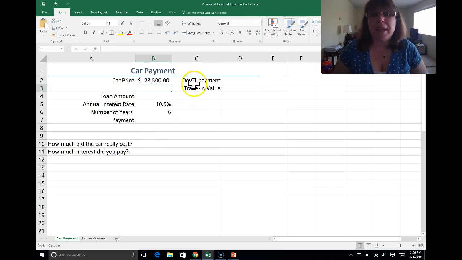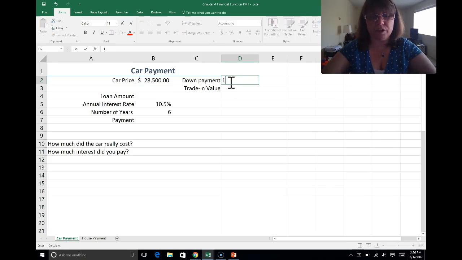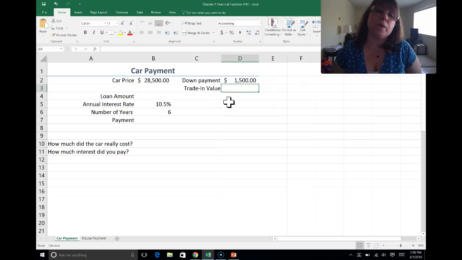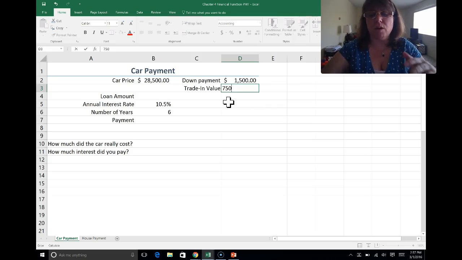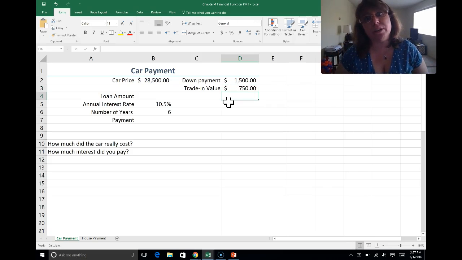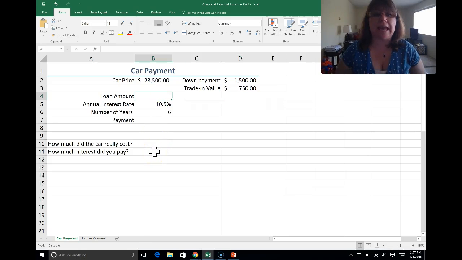Now my down payment, perhaps I can put down about $1,500 in cash. And I decide to trade in my old vehicle and they give me a whopping $750 for my car that's in working use. They don't give you very much money for it, but I get a trade-in value of $750. So I want to know how much of a loan I need to take out.